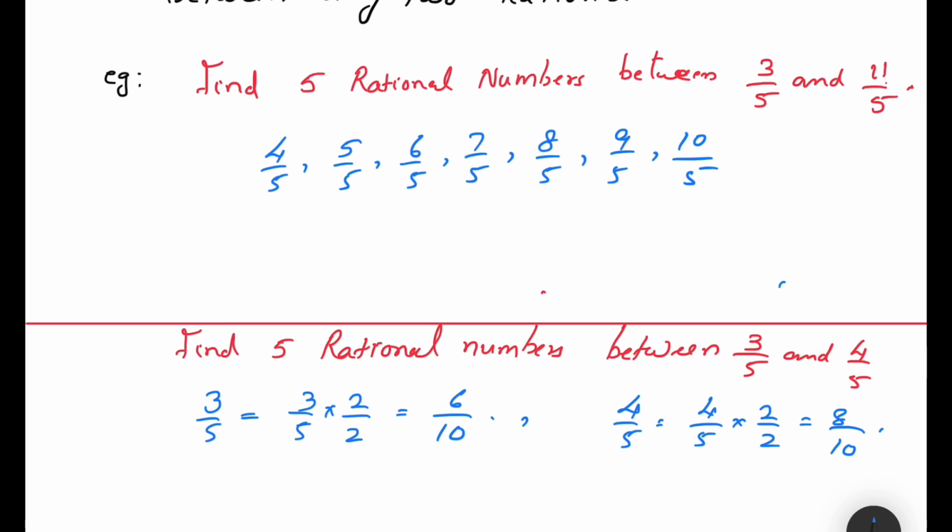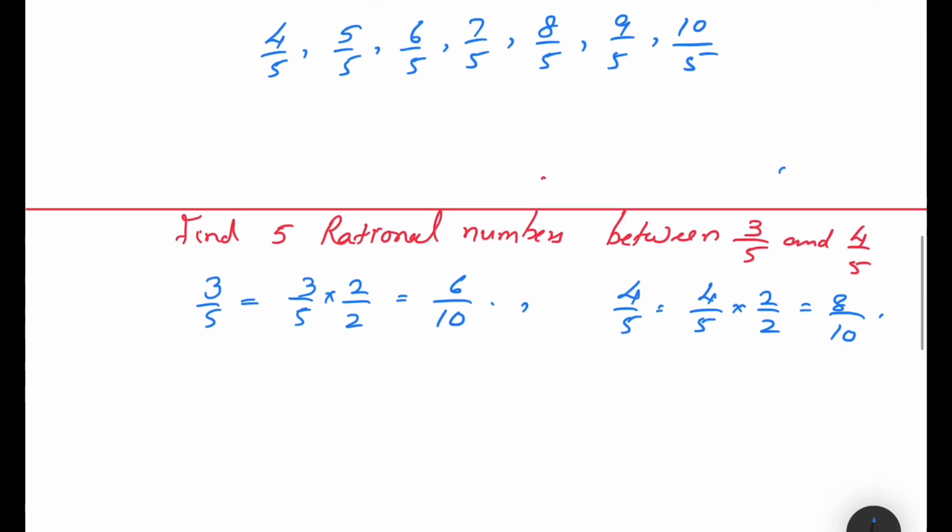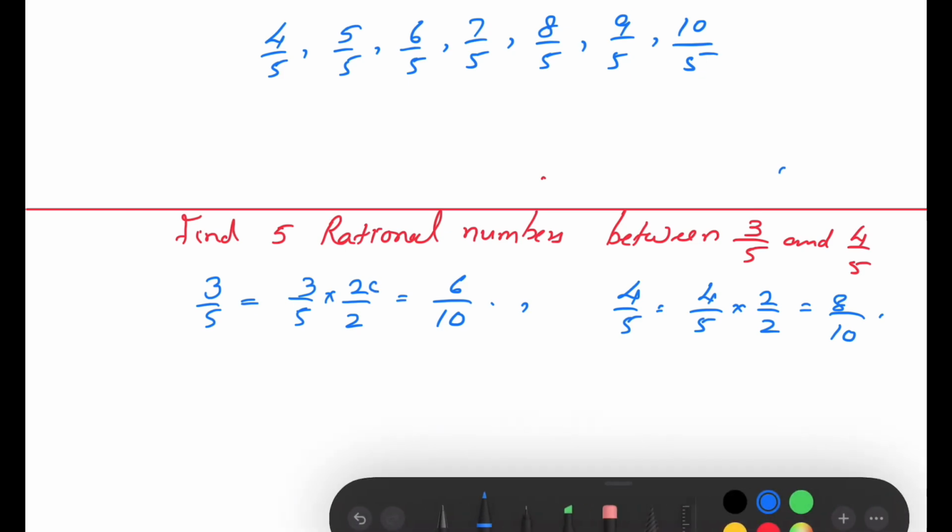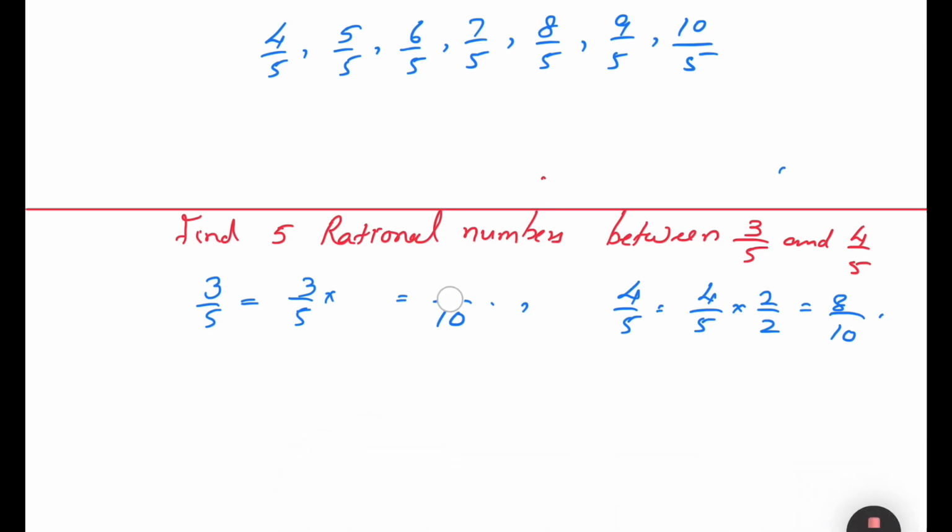Again, if you see, you will not be able to get 5 rational numbers between them. Only one you can write, 7 by 10. So instead of this, we can multiply by 10 by 10, and here also 10 by 10.